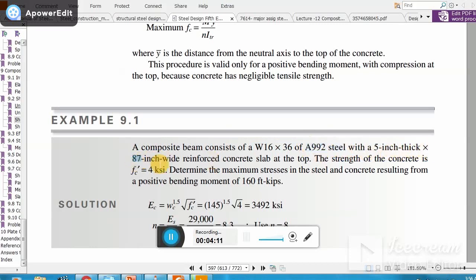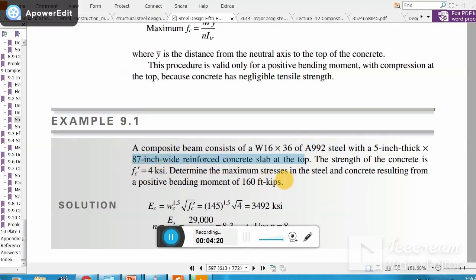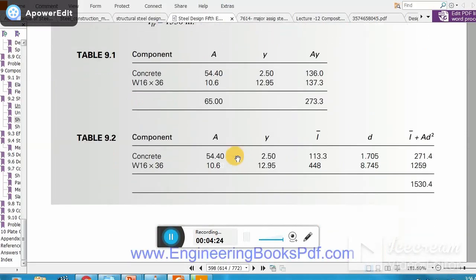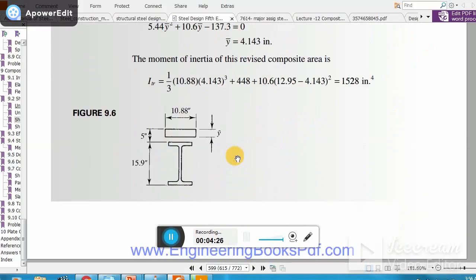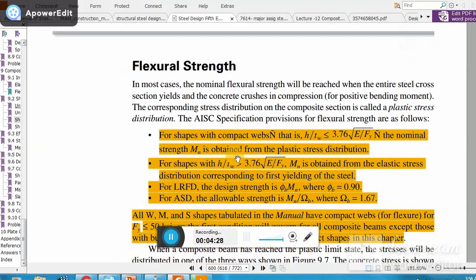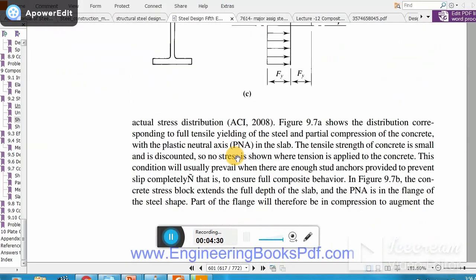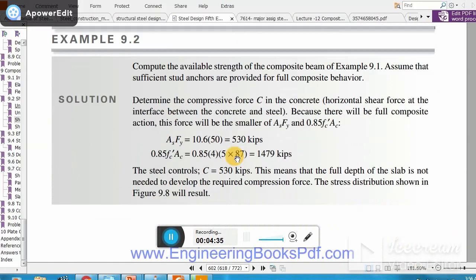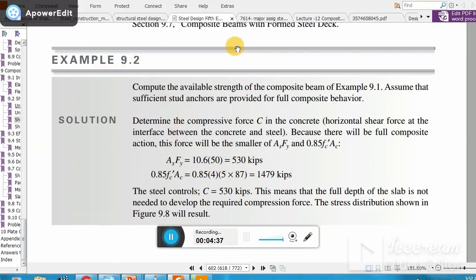With a 5-inch thick slab, 87 inches is the effective width of the slab, that is BE or B. And the strength of the concrete is 4 ksi. We determine the maximum stresses, we don't have anything with the other data, but the important thing is that we know about Fc prime, we know about Fy, and the section is a W16 section.